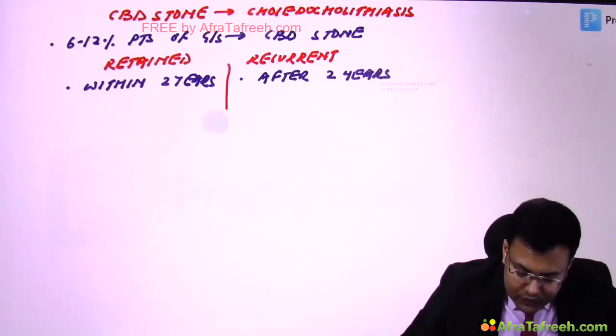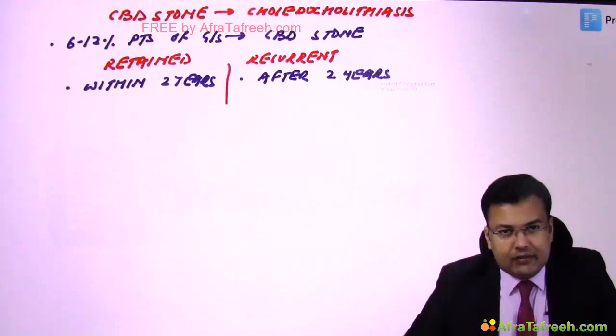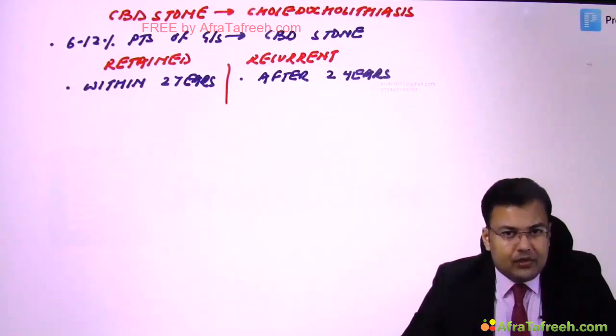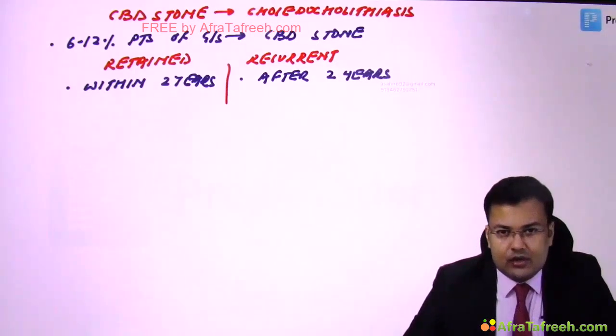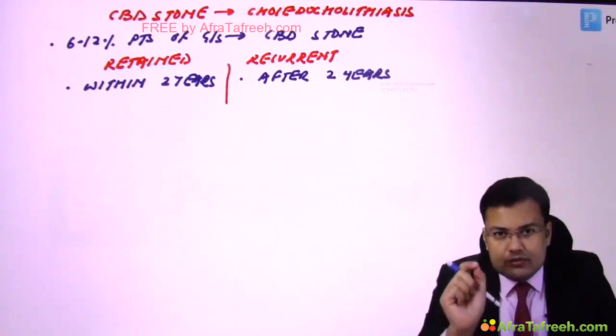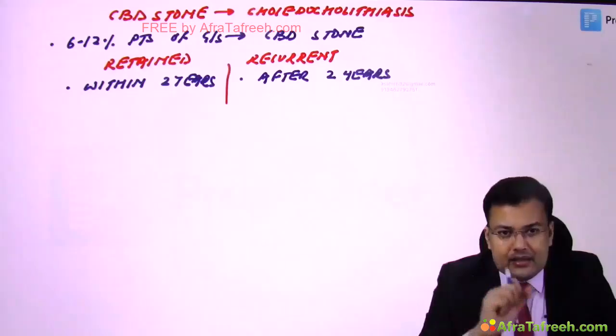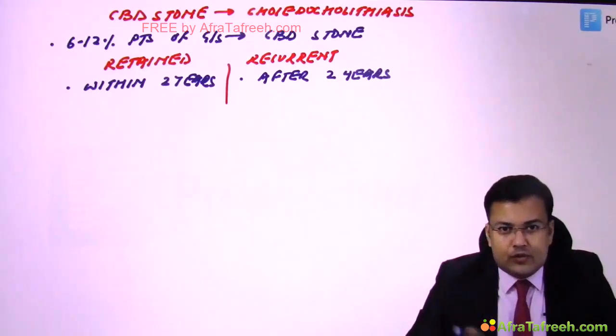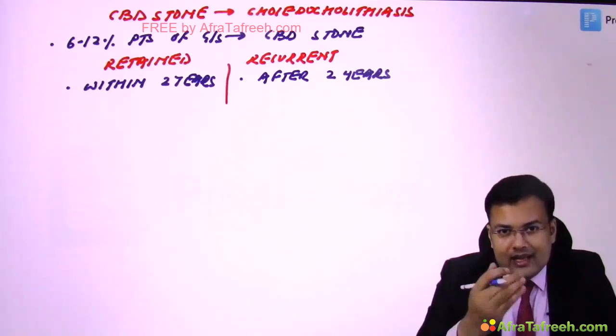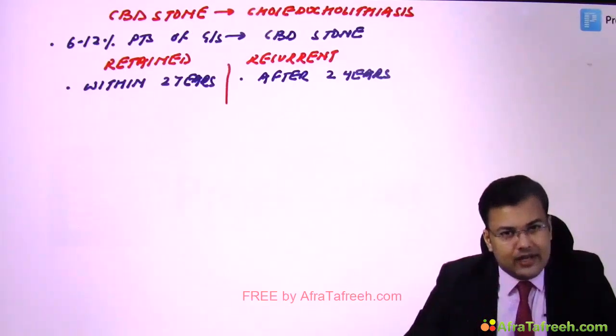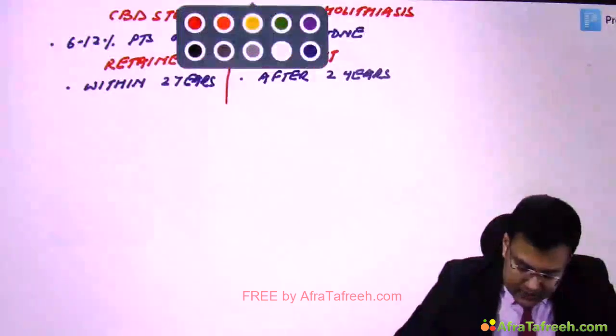Okay, this is one classification. There is a second one. One is primary CBD stone and one is secondary CBD stone. Primary CBD stone means the stone which is formed primarily in the CBD, and secondary CBD stone means stone is formed in the gallbladder and then it slips and comes into the CBD. So what are the types?